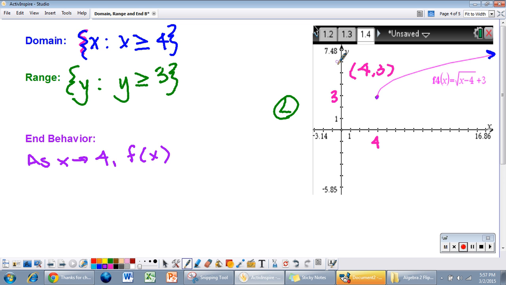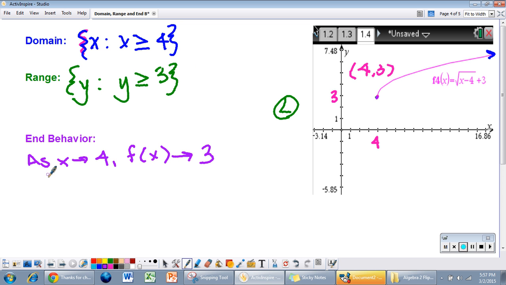Well, up here it's 6, 5, 4, and it approaches 3. So this is a very different statement than what we're used to seeing. Again, traveling to the left as x is approaching 4, f of x is approaching 3, just like the ordered pair 4, 3.